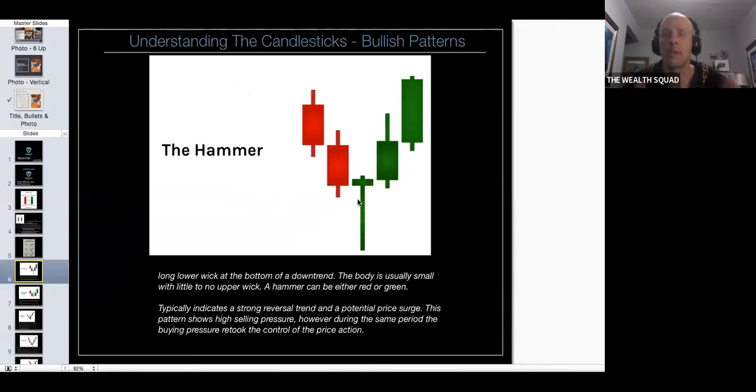The hammer candles are almost like neutral. It's almost like dead smack in the middle of the trend. So you usually won't see a hammer candle after another hammer candle, or another inverted hammer after another inverted hammer. It'll usually just have a stronger body to it. Yes, you want to look for the other green candles.